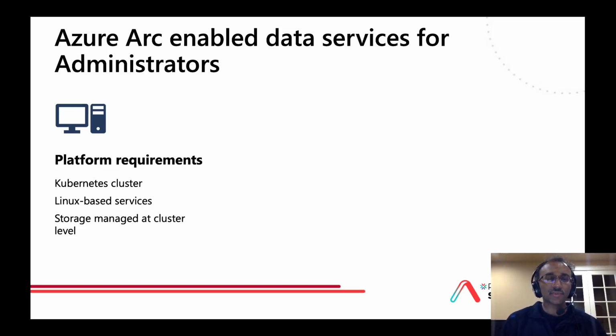That means some things, like storage, are managed more at the Kubernetes cluster level rather than at an instance level. But you can mix different storage devices and use them with your instances. This is a Kubernetes platform capability, and it is all based on Linux.